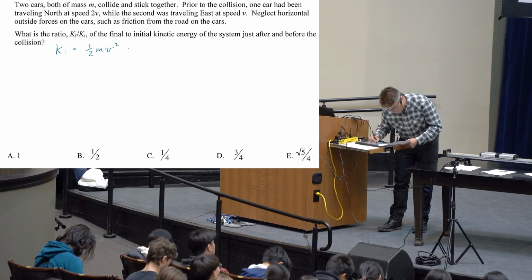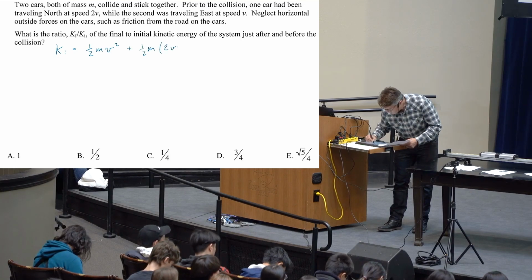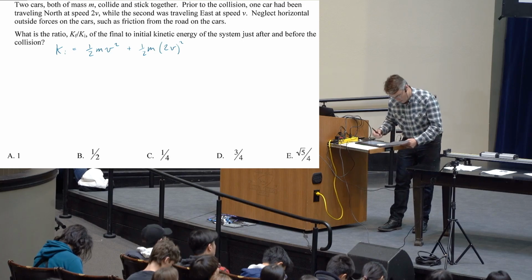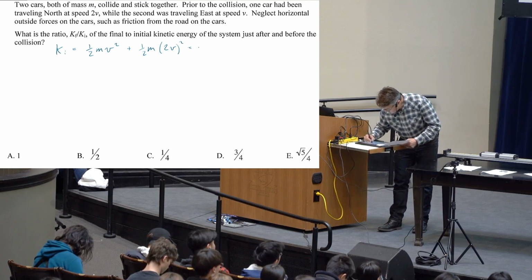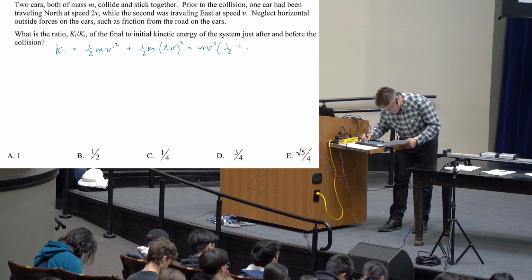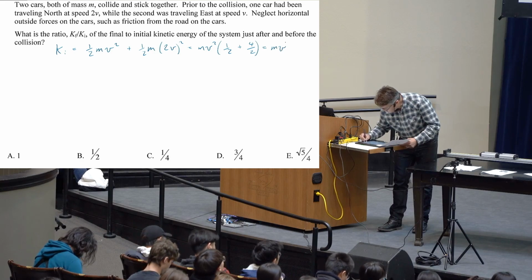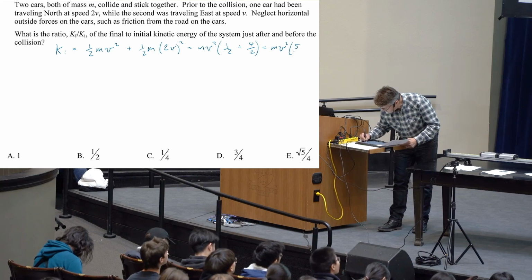That's the east-going car, plus 1/2 m times 2v squared. That's the north-going car. You can pull out the mv squared times 1/2 plus 4/2. It's going to be 1 plus 4, so it's mv squared times 5 divided by 2.